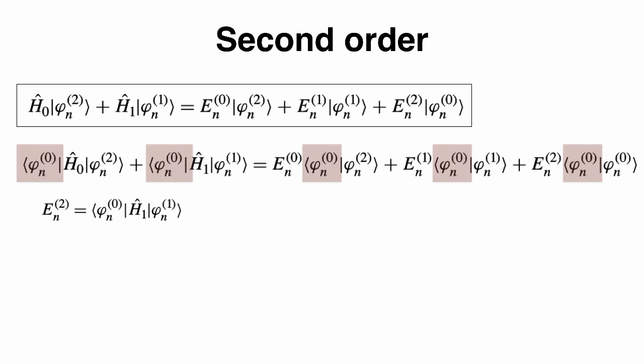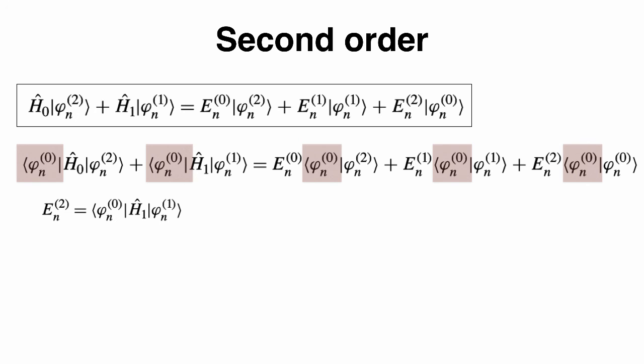So these two terms will cancel. Second, the second term on the right-hand side of the equation also cancels, because remember, we have spent quite a bit of time showing that phi n0 and phi n1 are orthogonal to each other. This is what we just did in the previous slide when we said that A was equal to 0. So that allows me to calculate En2 as the second order correction to the energy.